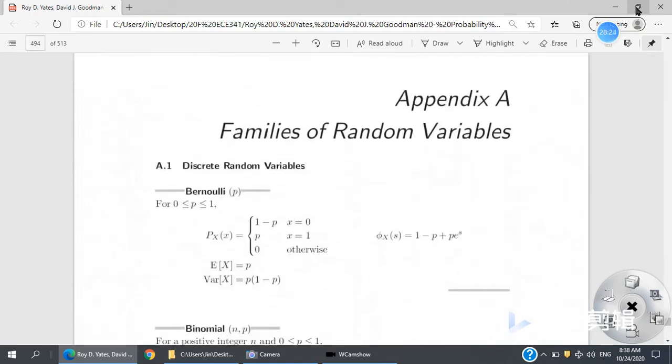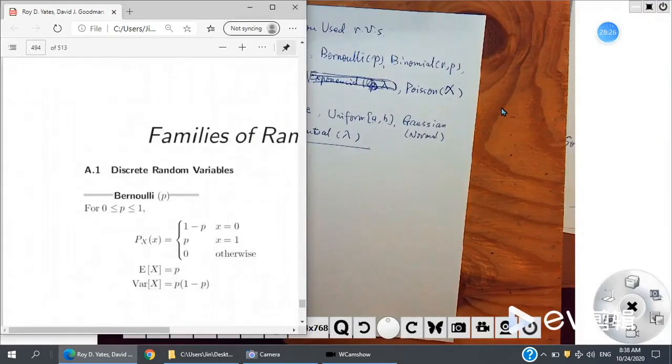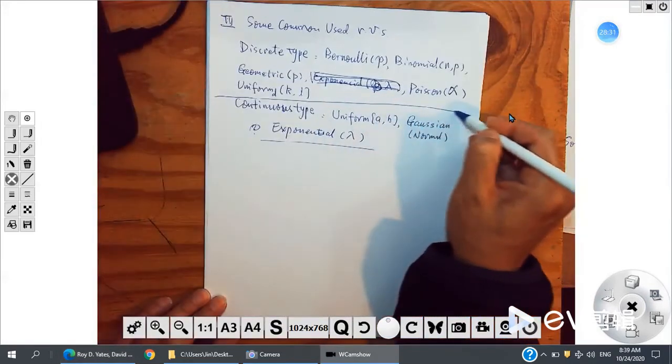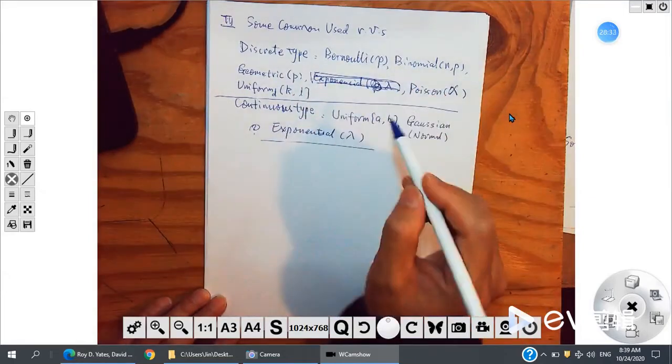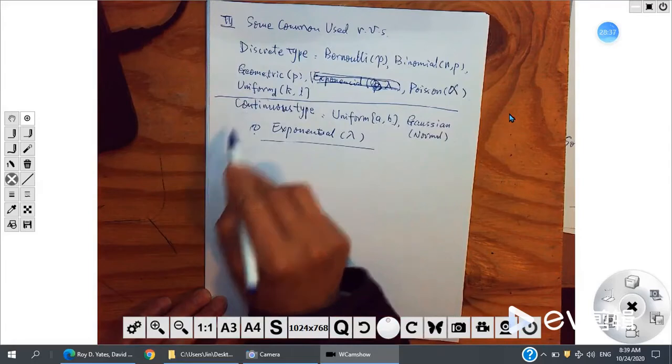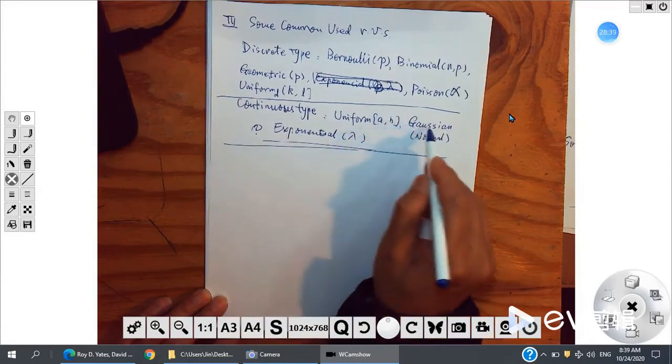So for discrete type, we have these five, and for continuous type, we have discussed these three.